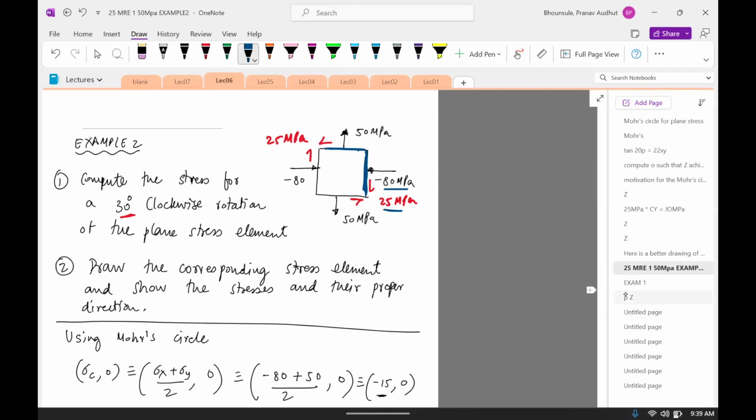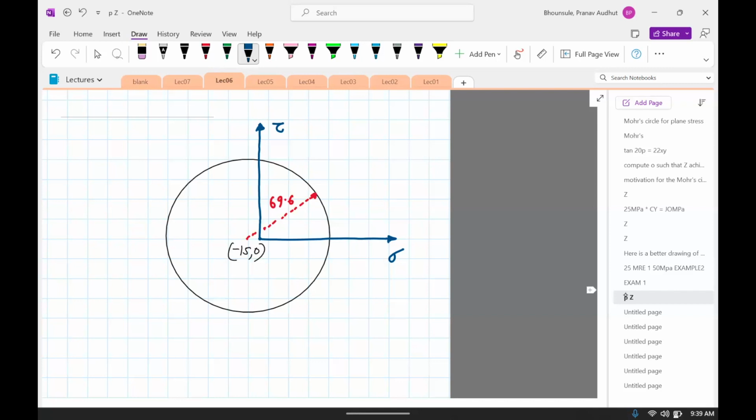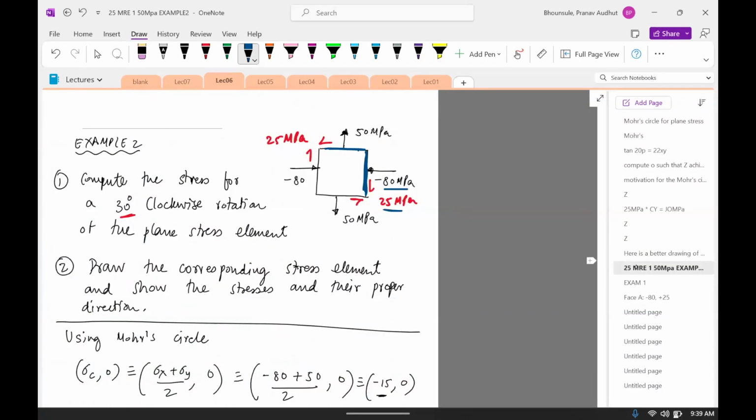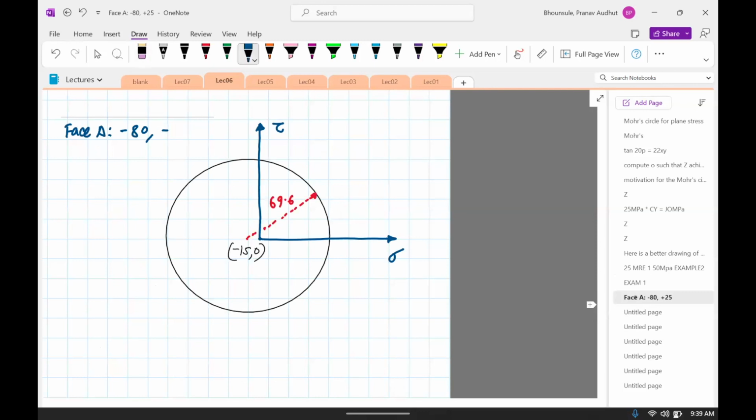So I need to plot face A, which is minus 80, and then the other one would be minus 25. And the reason why I put, sorry, my bad, it should be plus 25. The convention is that clockwise is positive. So this would be positive 25.